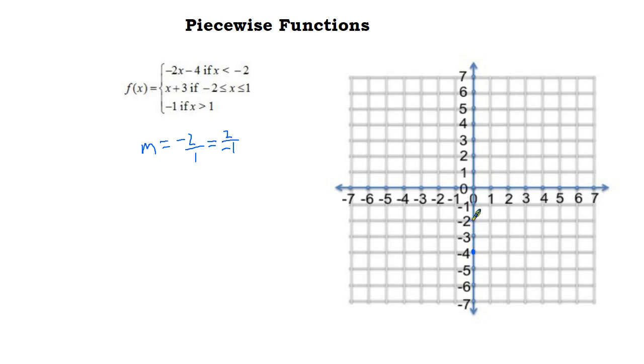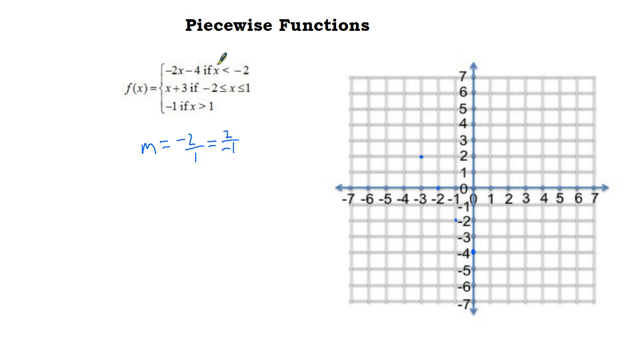There's a dot. Rise 2, run negative 1. There's a dot. Rise 2, run negative 1. There's a dot.